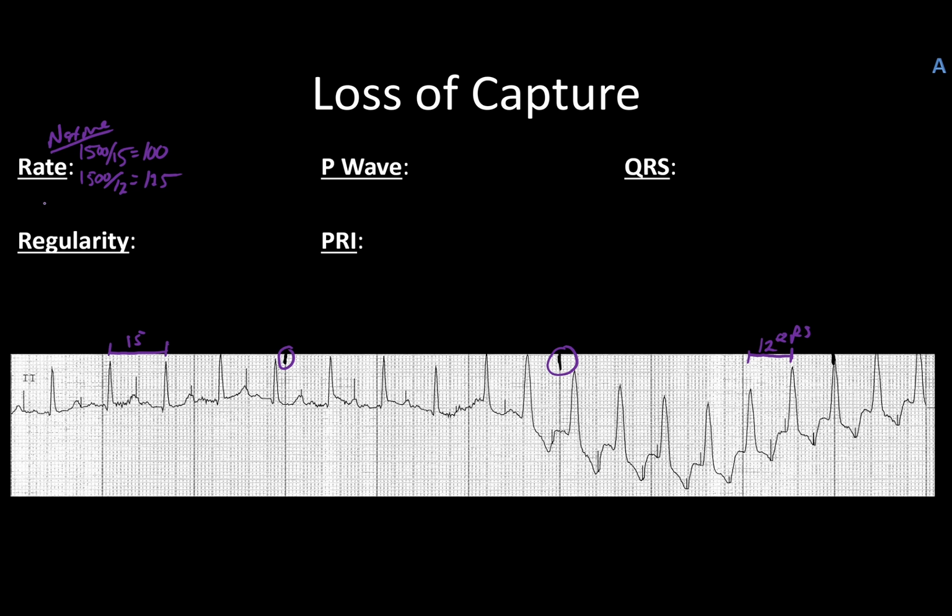The pacing, however, is a bit of a different story, isn't it? If we look through, and this is part of our look at the regularity, and honestly, it's actually a very regular looking strip. It just speeds up a hair at the end, and of course the QRSs change.